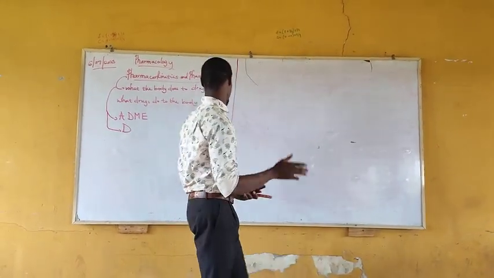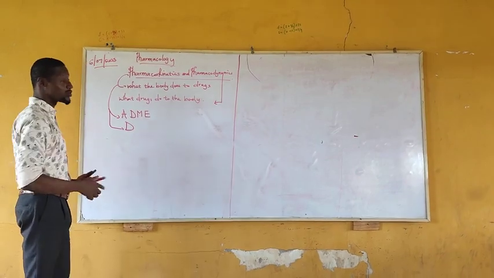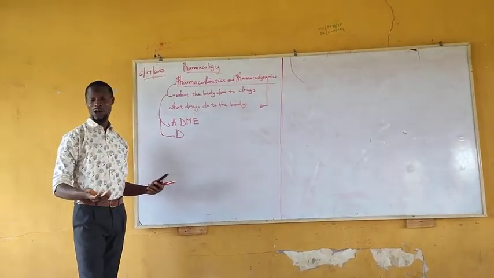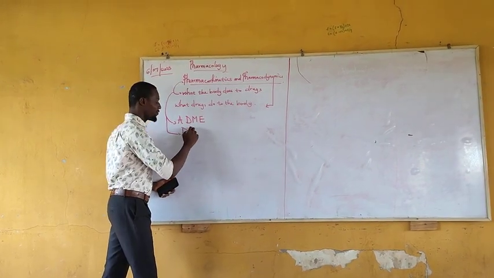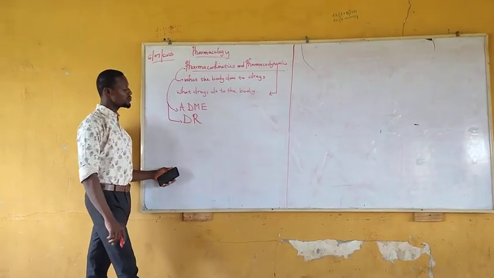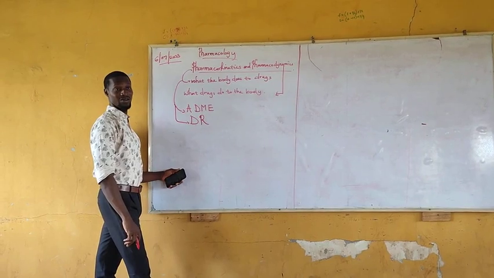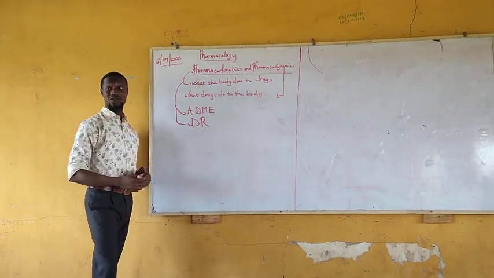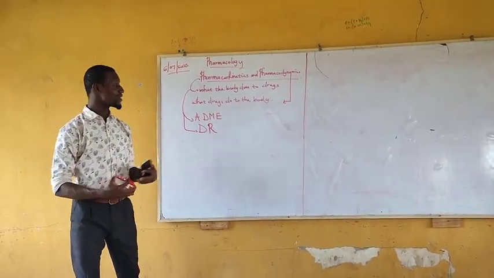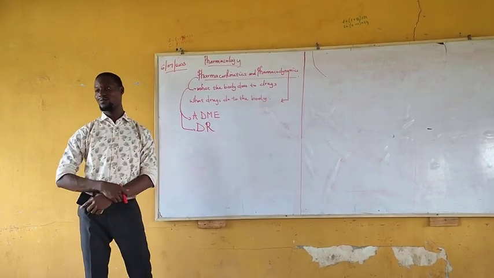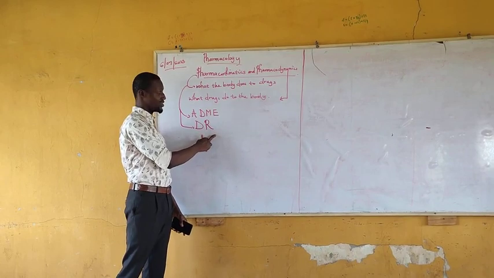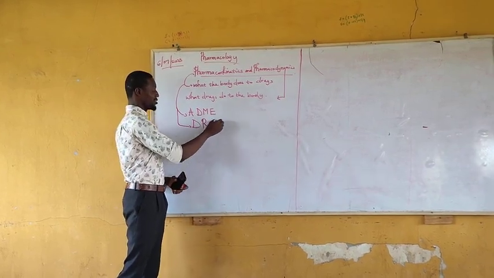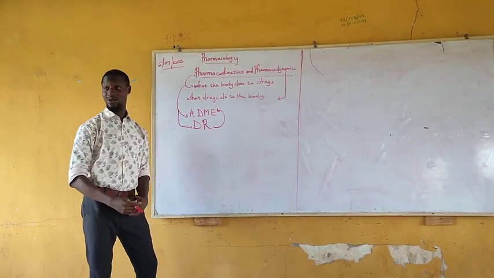So just for the fact that we have a drug doesn't mean that anything will happen. The drug must be introduced into the body via a route of administration. It is a route of administration that brings the drug into the body. Until the drug enters the body, none of this would happen.